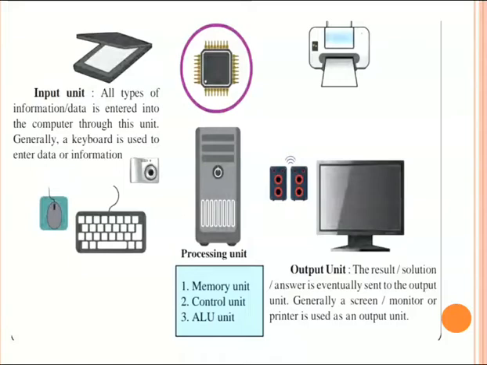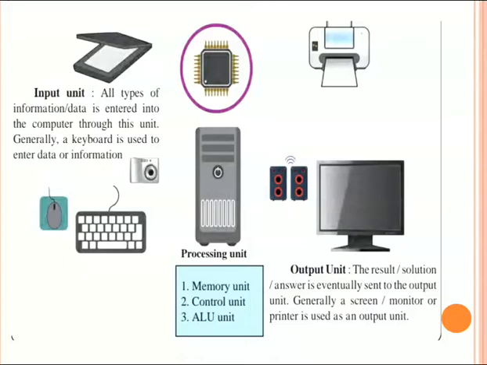Let us go to the output unit. Whatever data we have entered in the computer, it will give us a result or solution or even an answer. So the result or solution or answer that is eventually sent out and we see it either on the screen or we take a printout is called the output unit.